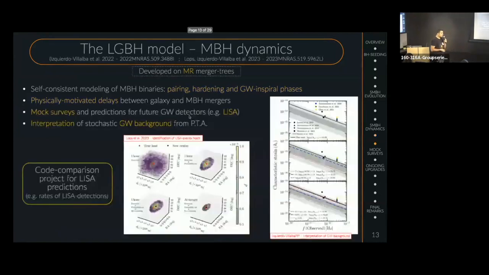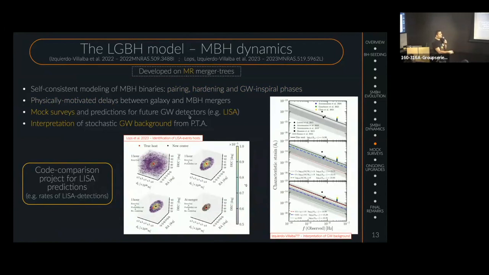And this was actually used to predict some future observations, such as the ones we are expecting from the LISA experiment. In this paper here on the left, Lopes actually focused on identifying the merger signature, so the observational signatures of LISA host events.